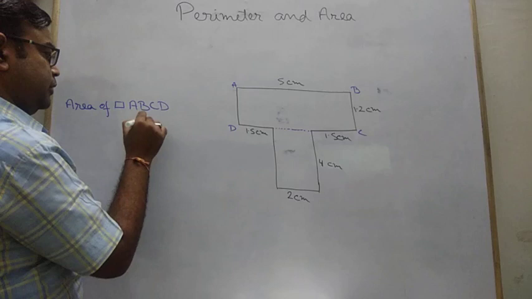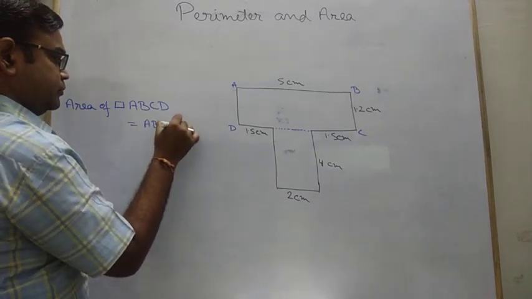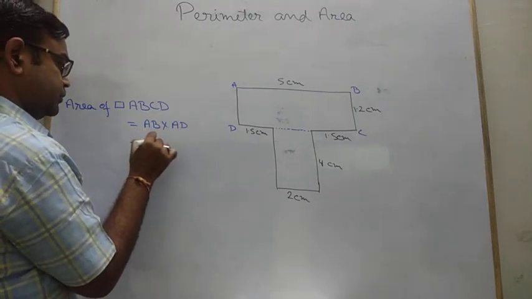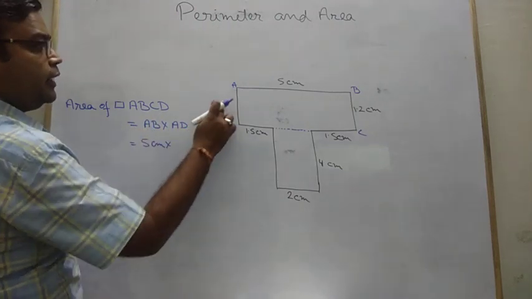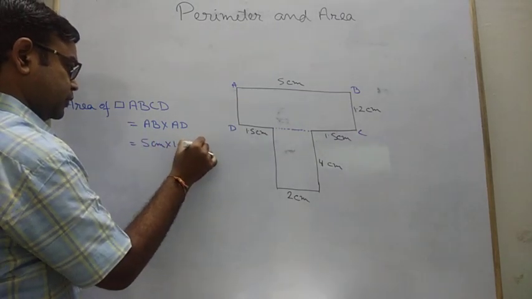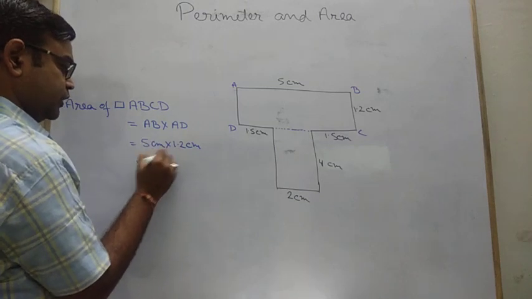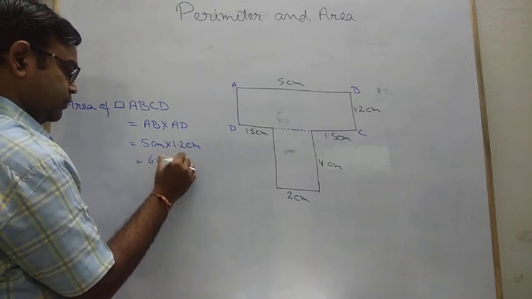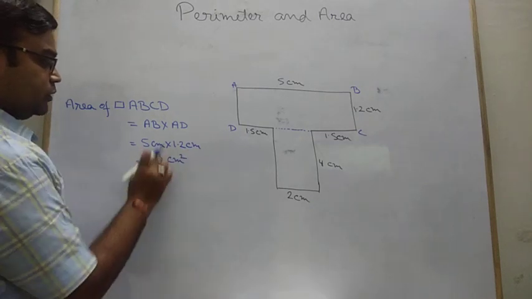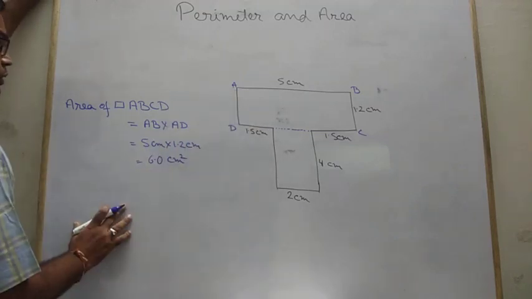In case suppose AB is the length and breadth is your AD. AB is your 5 centimeter, and AD is equal to BC, that is your 1.2 centimeter. When we multiply 12 by 5, it is 60, and there is one decimal. Now we need not write centimeter, it's centimeter square, because the unit of area is square. So the area of this is 6 centimeter square.